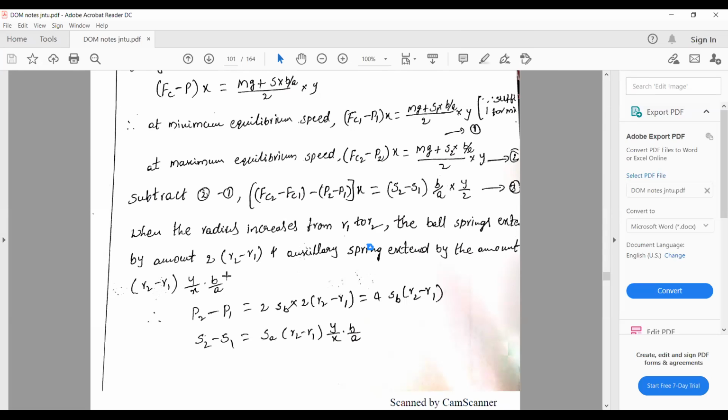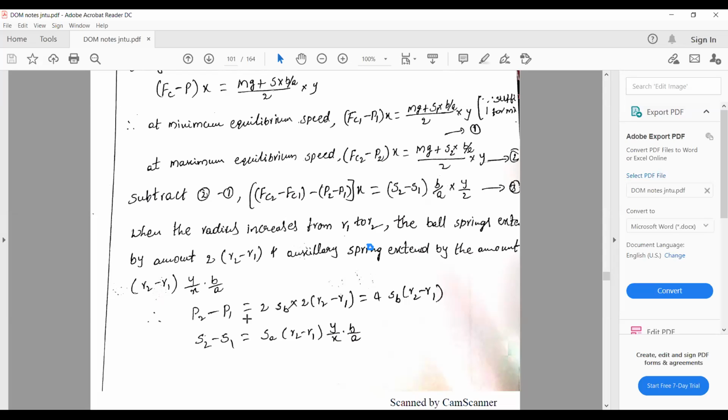Those are the things that happen in our system when the radius increases from R1 to R2. Later this will be substituted in our equation.